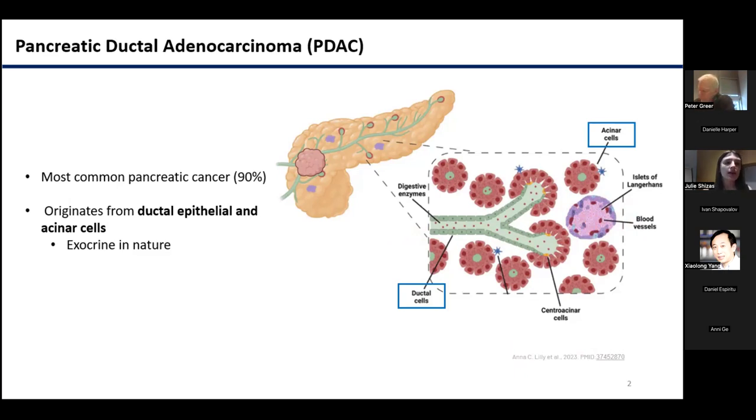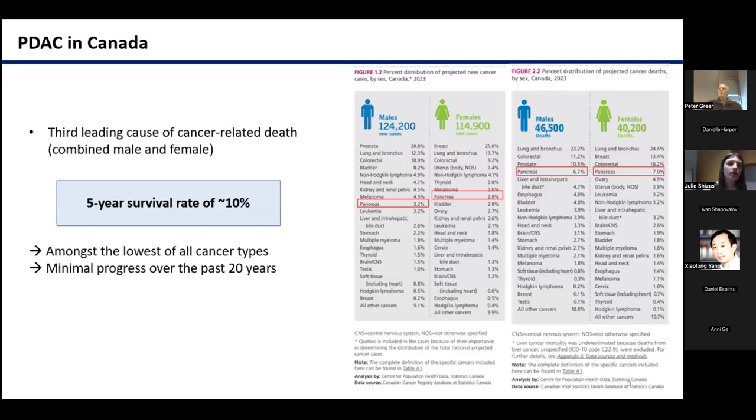In terms of the state of PDAC in Canada, it's actually the third leading cause of cancer-related death in combined sexes. So when we look over here at incidence specifically, it's down lower at 9th and 8th place for males and females respectively, but then this shoots up to 4th for the leading cause of mortality when we stratify by sex. And this has to do with the really low 5-year survival rate of around 10%.